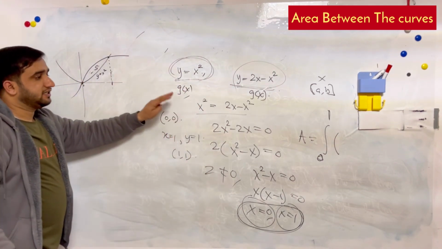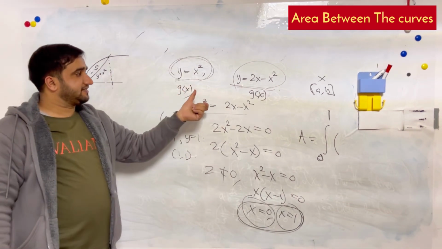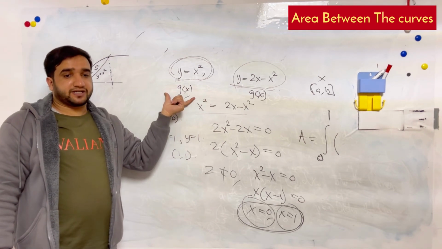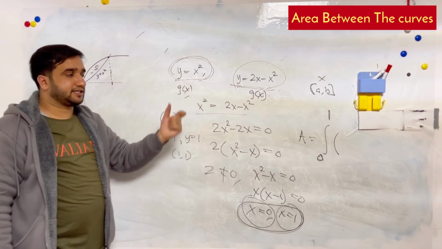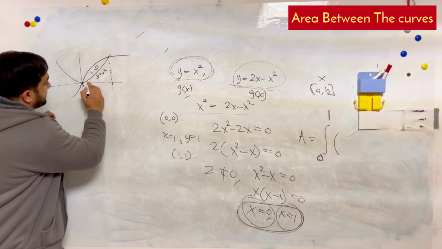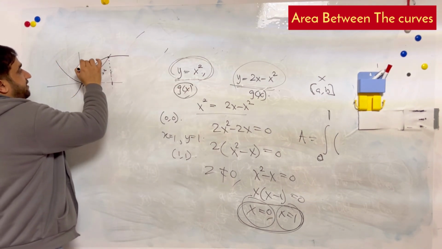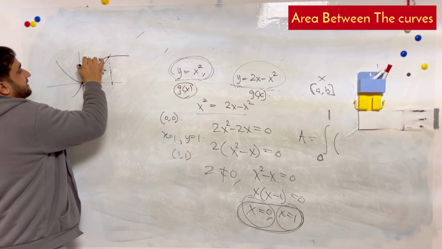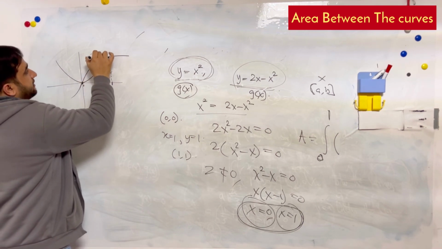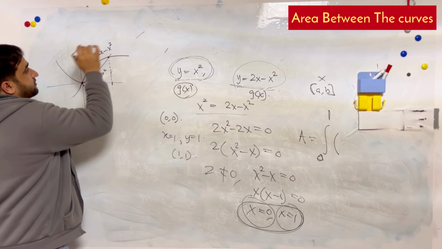You can switch them, but for convenience we will always consider g of x as the bottom function, f of x as the top function. This curve from the bottom is g of x, and this curve from the upper side is f of x, which is 2x minus x square.